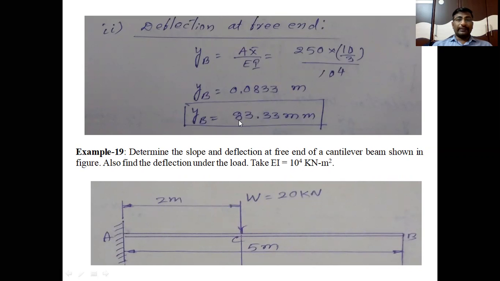Totally 83.33 mm is deflected at the free end after application of the point load. Clear, students? Like this, you have to find the slope and deflections at every point of the beam, or at any point of the beam, by using the moment area method.